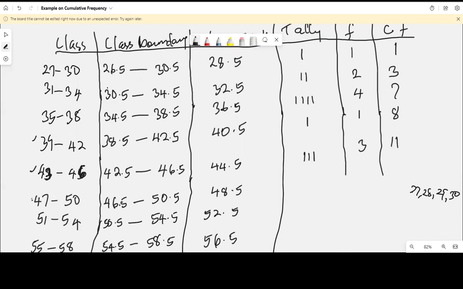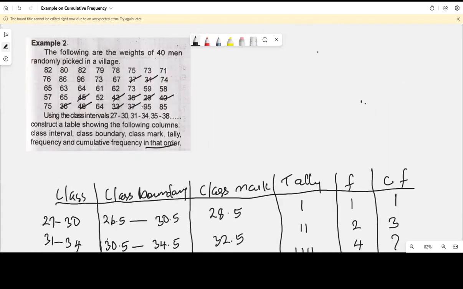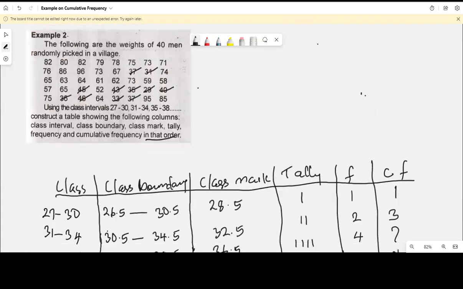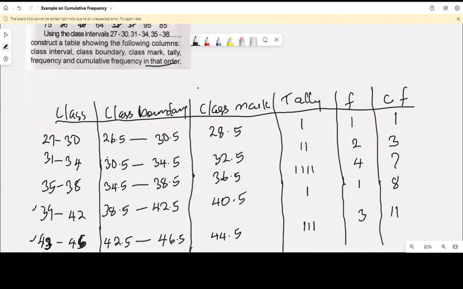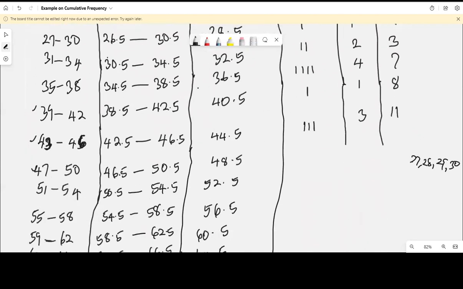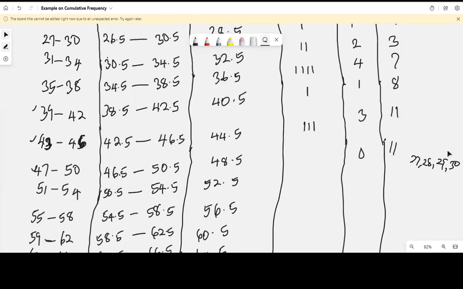Then the next interval is 47 to 50. Nothing is there, 0. So under tally, we leave it blank. Then under frequency, we write 0 there. And 0 plus 11 still remains 11 as the cumulative frequency.